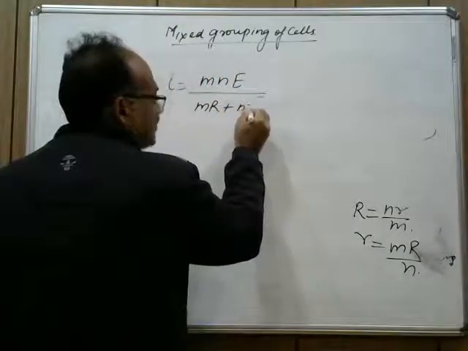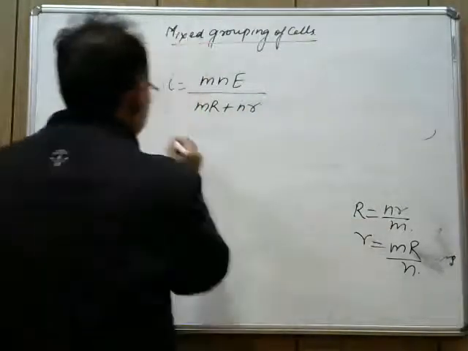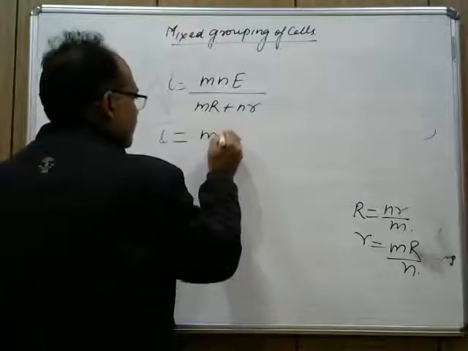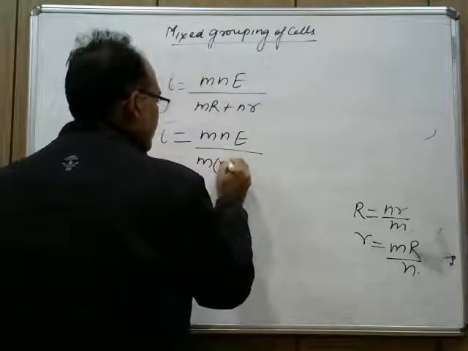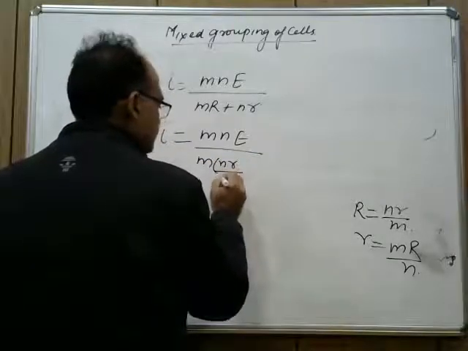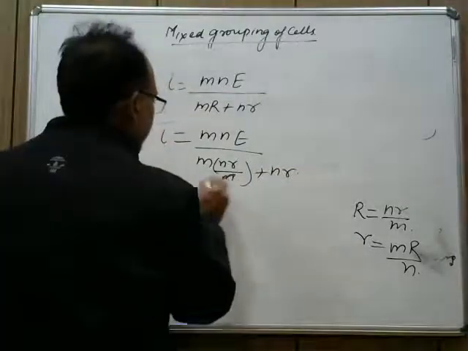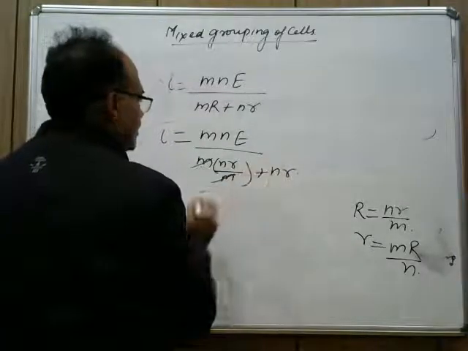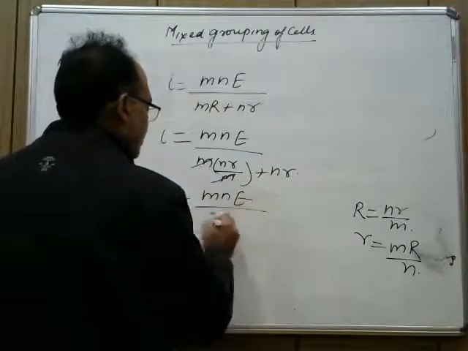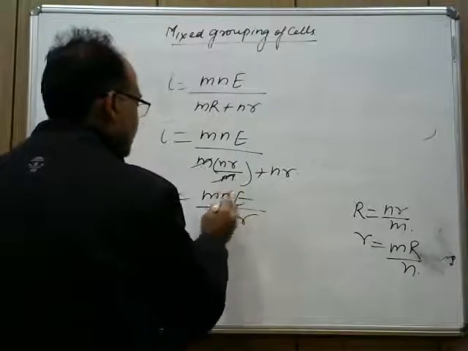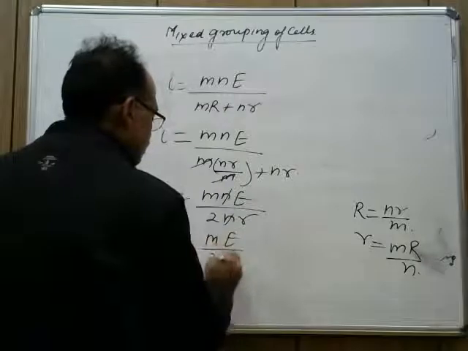This was our basic expression. अब कैपिटल आर की जगह पे हम ये वैल्यू रख देते हैं, तो I is equal to mne upon m into nr by m plus nr. ये कैंसिल हो गया, बचा क्या nr plus nr, that is 2nr, mne upon 2nr, n cancels out, that is I is equal to me upon 2r.